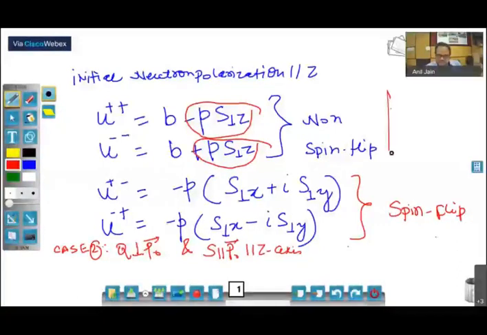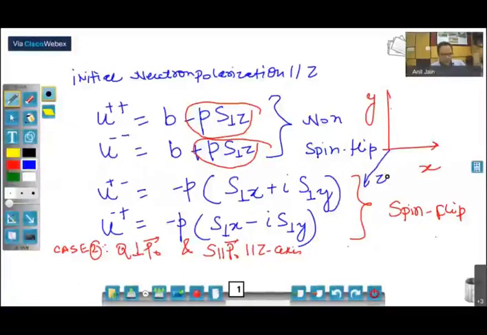So this is, let's say, my horizontal scattering plane, and the Z axis is out of the board. So this is the Z axis. In this case, what you see is that all magnetic scattering goes to non-spin flip.